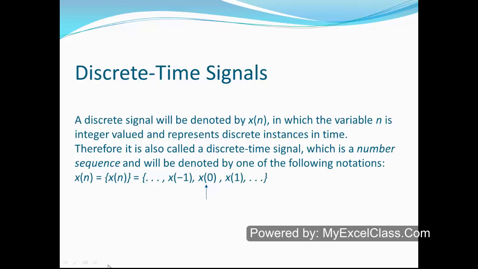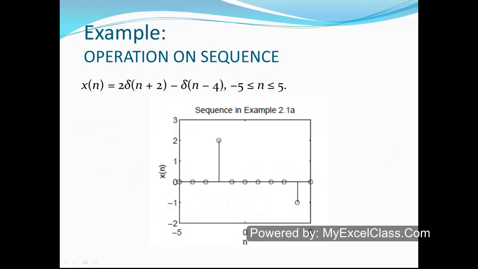So moving forward, in Matlab you can represent time by a plot. I've covered these plots in previous sections. So we'll be implementing this equation, which says x of n is 2 times impulse sequence n plus 2, minus impulse sequence n minus 4, and n varies between the limits of minus 5 and 5.